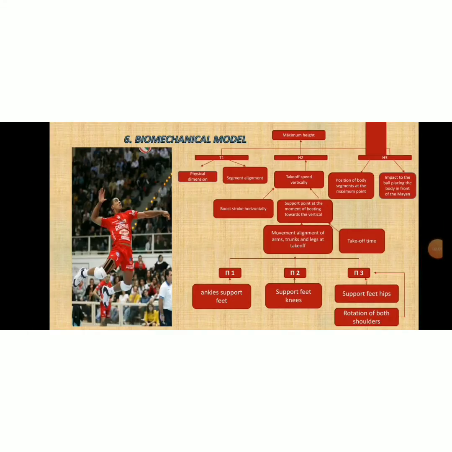In the biomechanical model, the objective is to bring the body to a maximum height to be able to hit the ball in the best way and with more force. The temporal factors that affect the objective will be the body composition, the force with which we push in the jumps, and how the player is located in front of the ball.